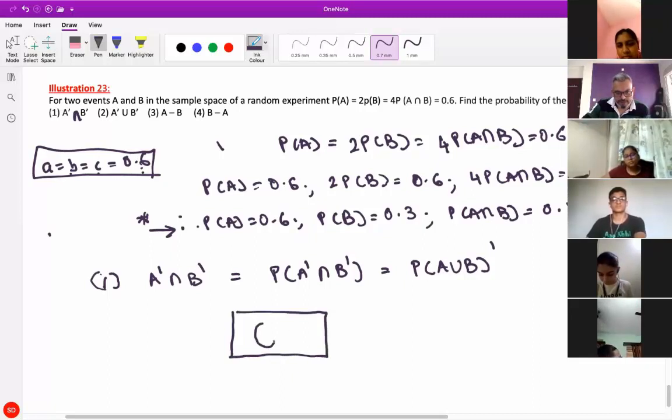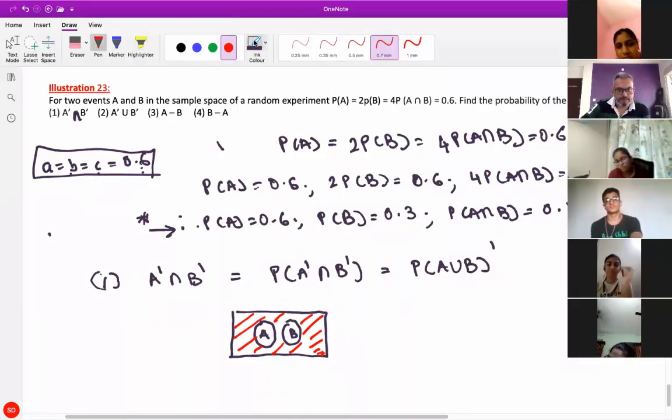Here it is A and here it is B. A complement means this space, and B complement means the area other than these two. Let's check what is P of (A union B) complement.